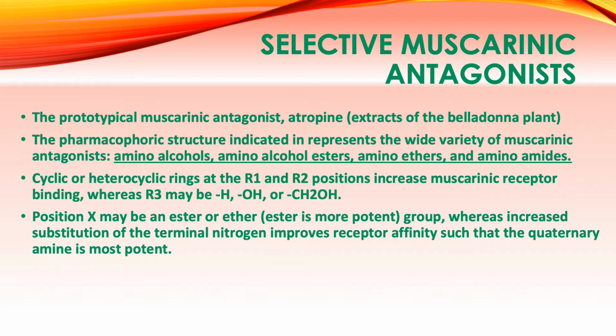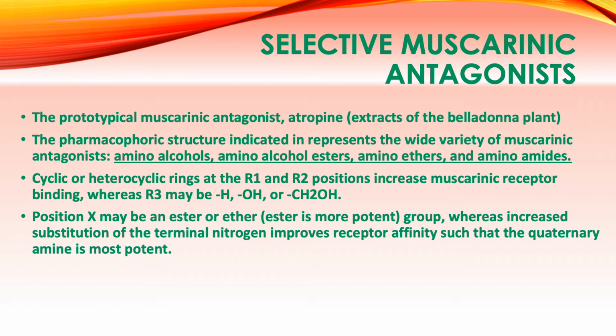So, for us to be more specific, you can look at the structure of atropine and look for the following positions that were mentioned here. You can look for R1, R2, and R3 and double check the presence of the cyclic or heterocyclic rings that made it the prototype for muscarinic antagonism.